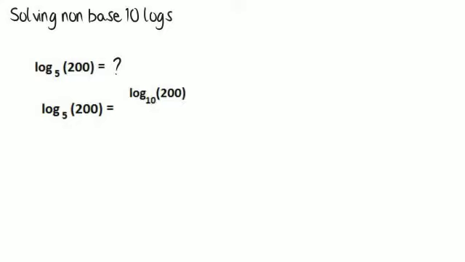We're going to say log base 5 of 200 is equal to the log base 10 of 200 divided by log base 10 of 5. That is how we can set this up, because now we can use the log button on the calculator to solve the log base 10 of 200 and the log base 10 of 5.